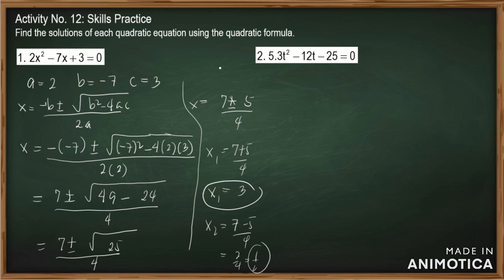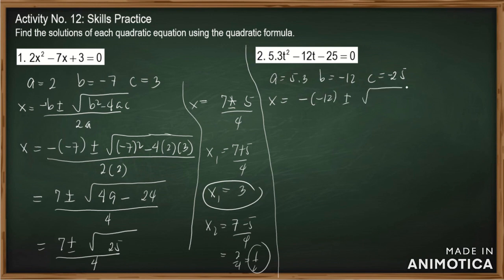Okay? Next, for item number 2, we have our a is equal to 5.3, our b is equal to negative 12, and our c is equal to negative 25. Then substitute in the formula, x is equal to the negative of b. Our b is negative 12 plus minus the square root of b squared, negative 12 squared, minus 4 times ac.